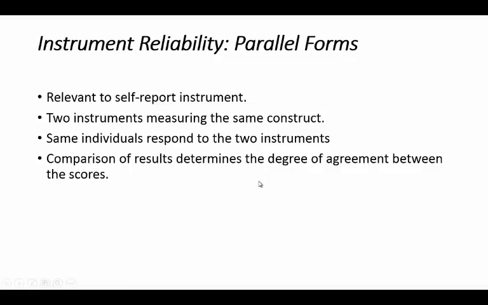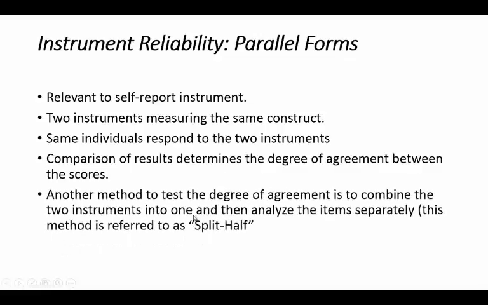Sometimes people don't give the 2 instruments separately, they put them together, so they make a long form by adding the 2 sets of questions, and they give them to the same person to answer at the same time, and this form is called the split half.